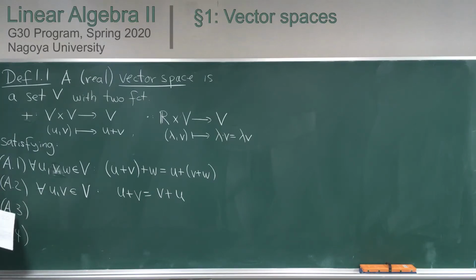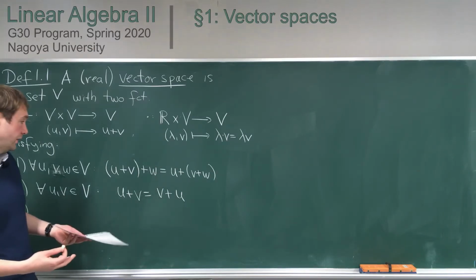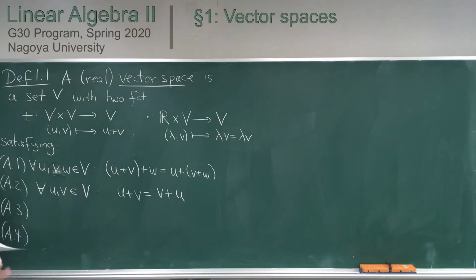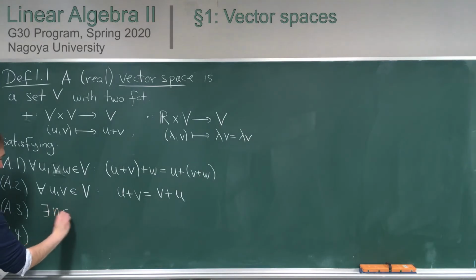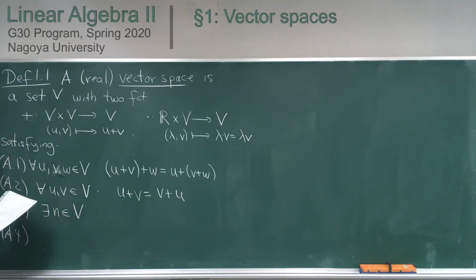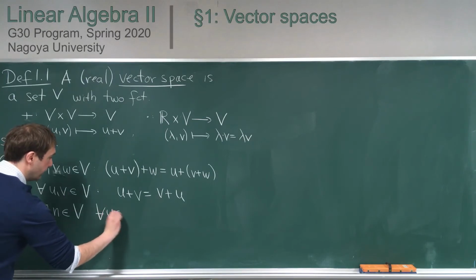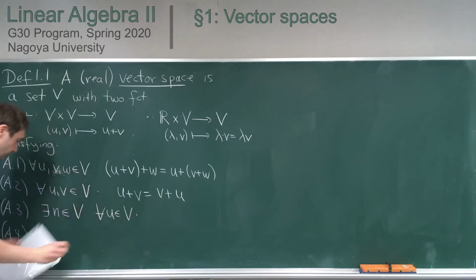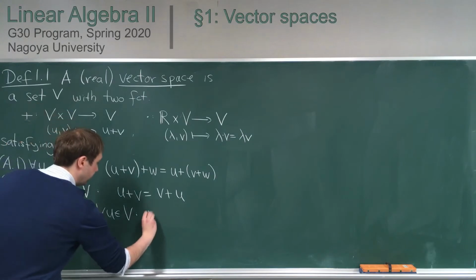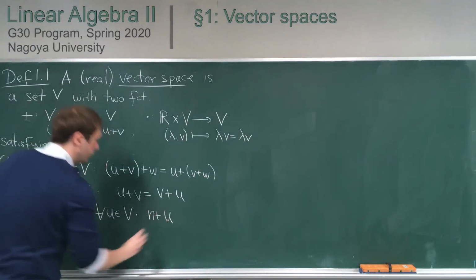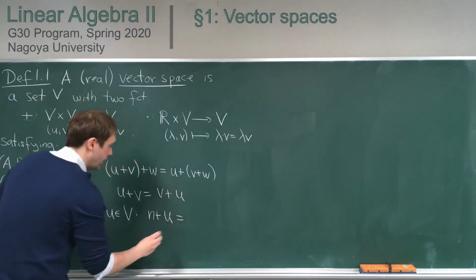there's the third condition, that there exists a special element such that if I add this element to some vector, this doesn't really do anything. So the statement is that there exists some element n such that for all vectors u in V, if I add this n plus u, it doesn't do anything.